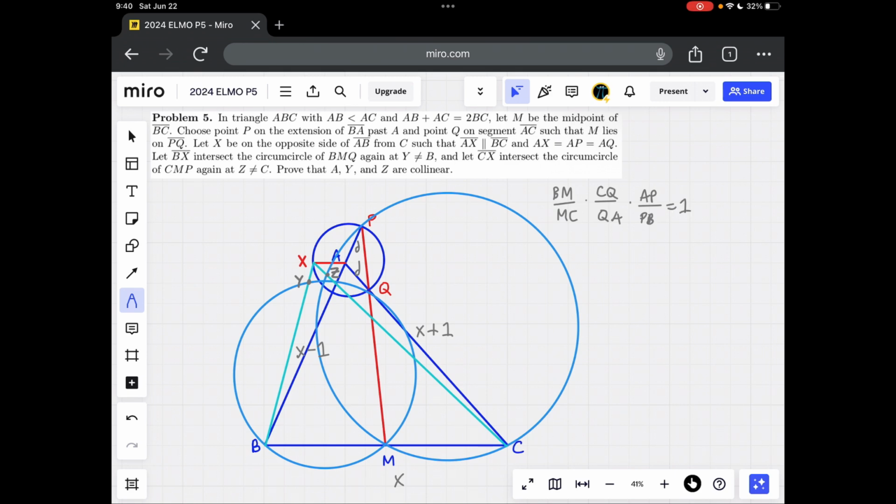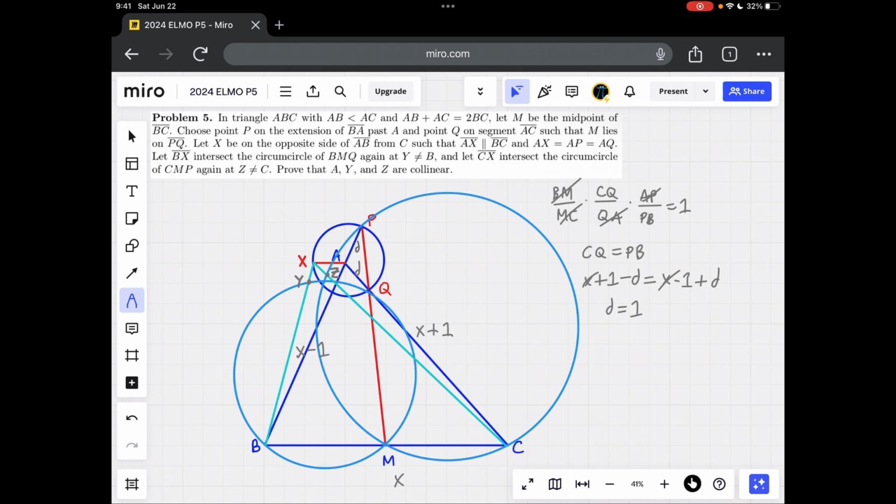But we know that BM equals MC because M is the midpoint of BC, and AP equals AQ because both segments have length D. So CQ equals PB, and this common length is equal to CQ, x plus 1 minus D, but that's also equal to x minus 1 plus D. And if you cancel the x's, you'll see that 1 minus D equals negative 1 plus D, which implies D equals 1.